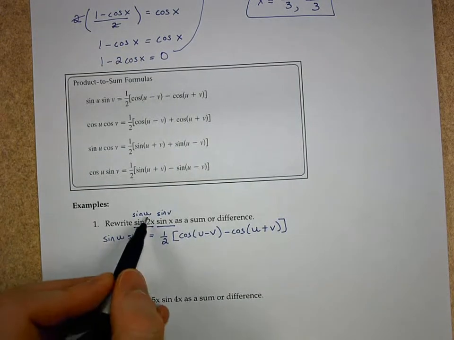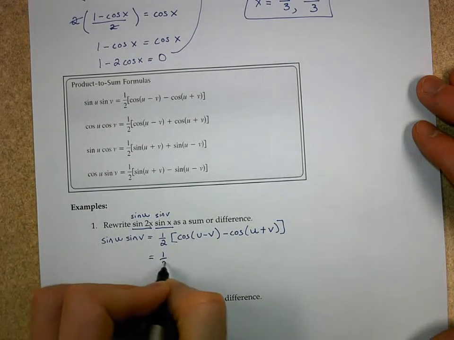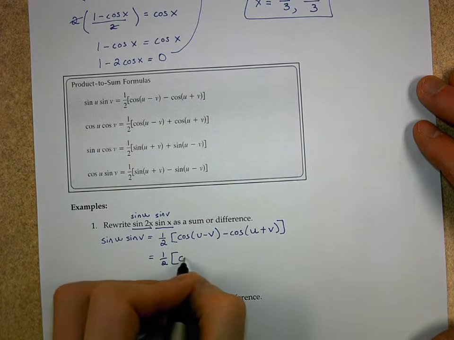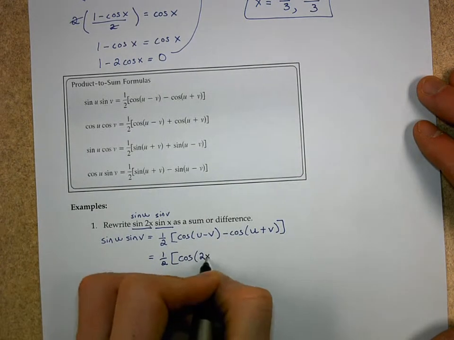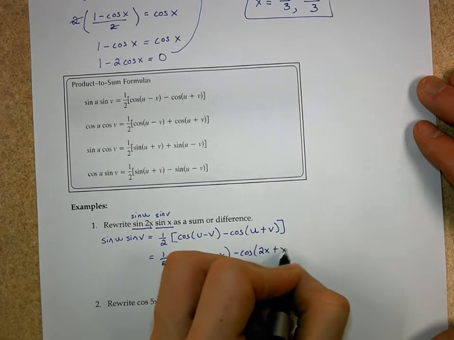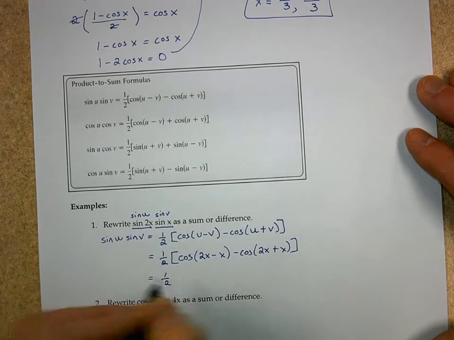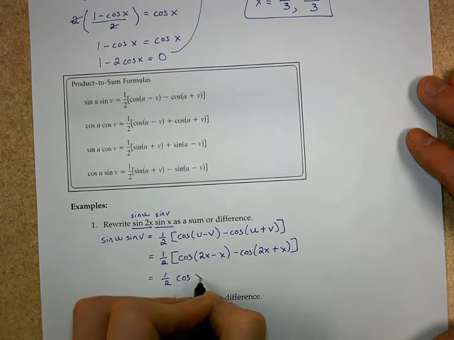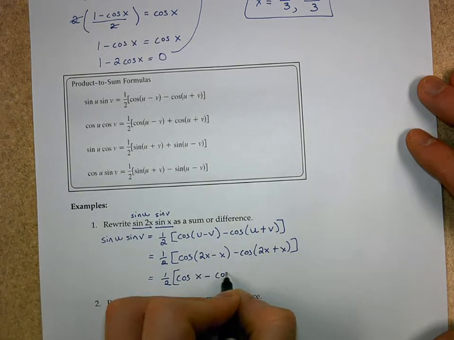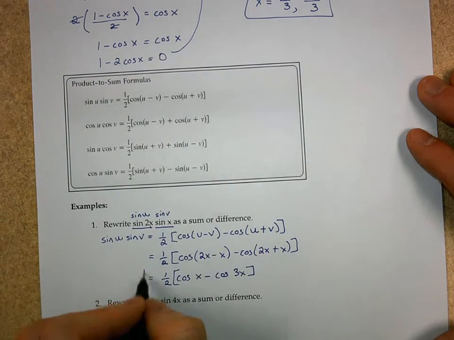So we know that u is equal to 2x and v is equal to x. So wherever I have a u, I'm going to put a 2x. Wherever I have a v, I'm going to put an x. So the cosine of 2x minus x minus the cosine of 2x plus x is going to give me 1/2 the cosine of x minus the cosine of 3x.